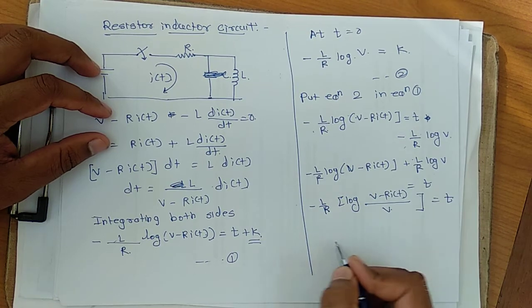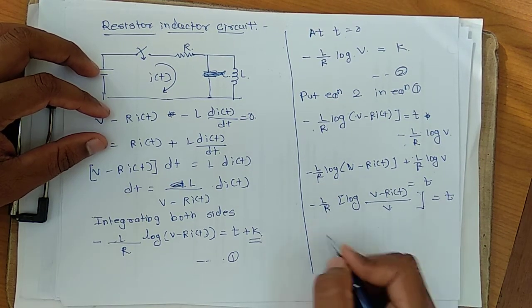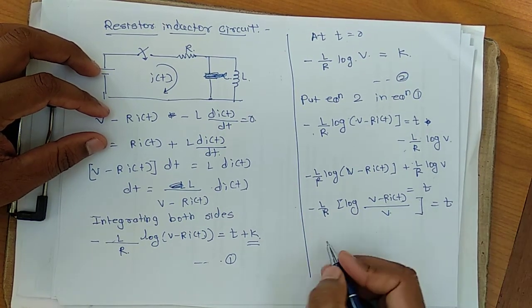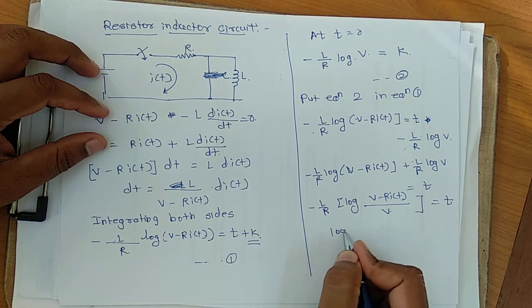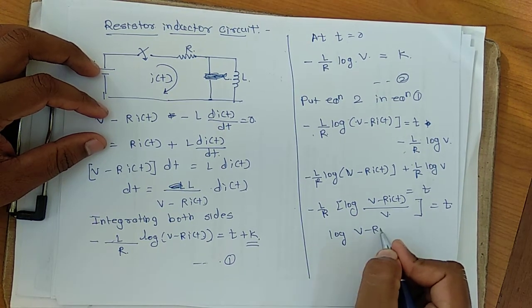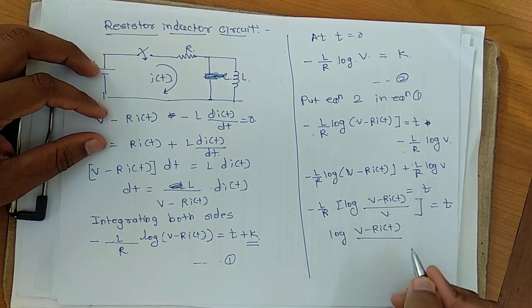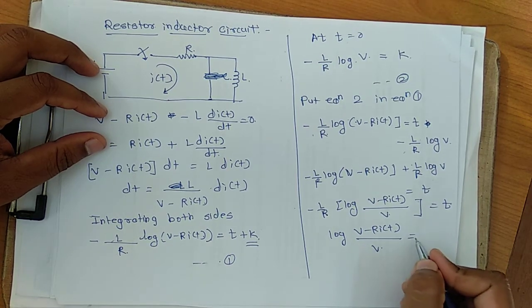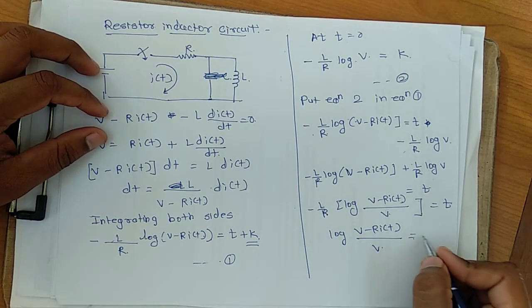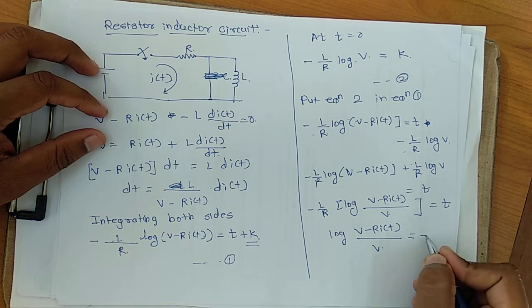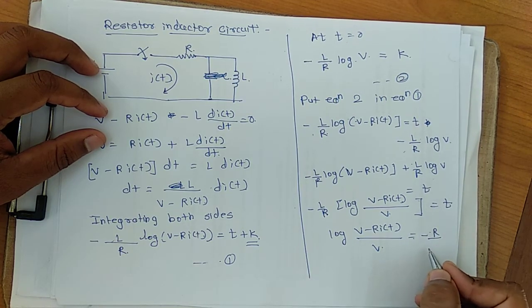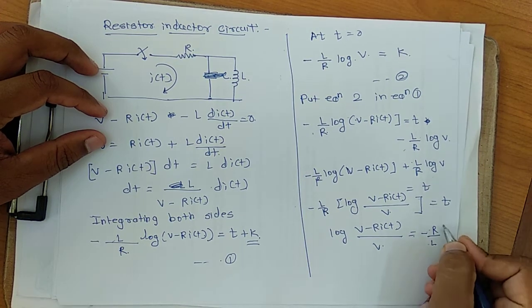Now if I take this L by R to the right hand side, then log of V minus R I of t divided by V is equal to minus R by L t.